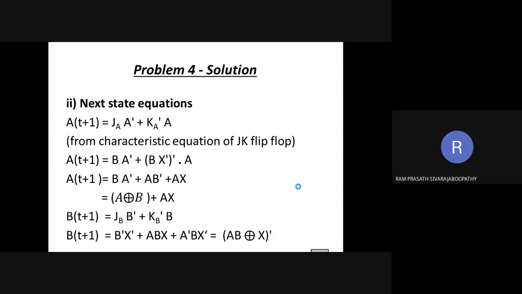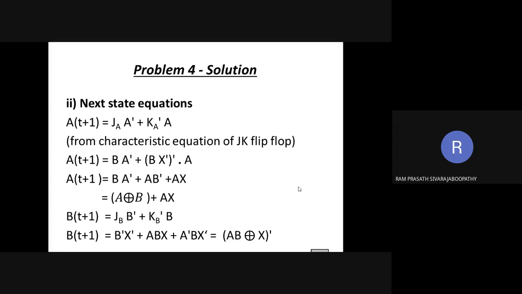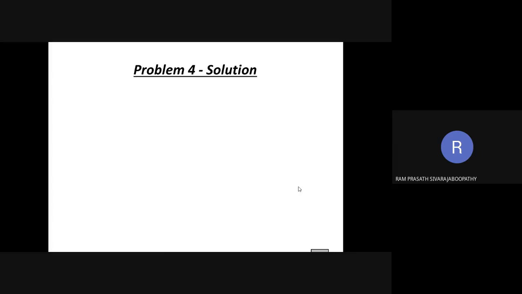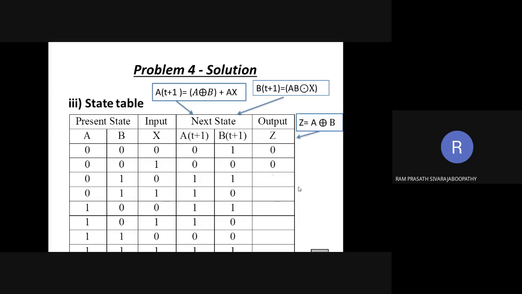What about Z? A XOR B. That's all. So for the next state table, we will be having it like this. So the state table will be like this. For the function, we have got the table. Kindly take a screenshot of this.